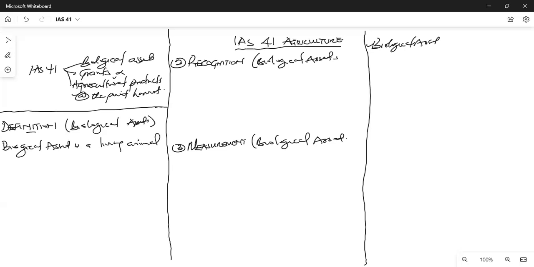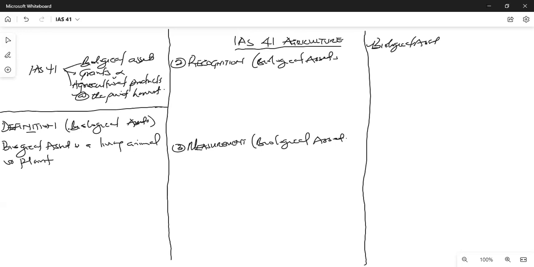A living animal or plant. These are what actually embodies agriculture. All right. So anything that is a living animal, or a plant is a biological asset. All right. That is very, very important. That is very important. We now need to go through and talk about some examples of biological assets.